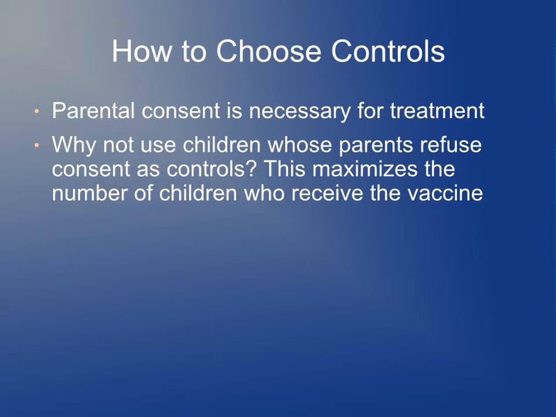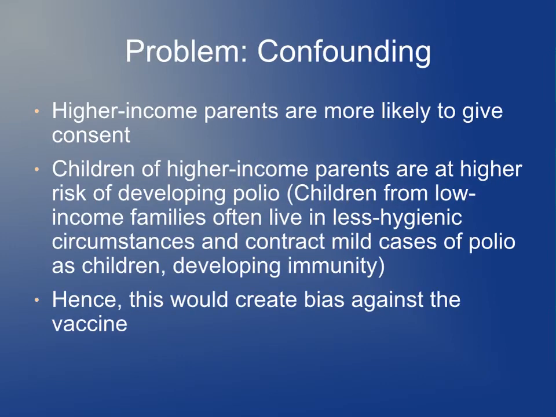You might think, well, in order to get treatment, you have to get parental consent to make sure that as many kids get the treatment as possible. Let's just treat the kids whose parents give consent and then use the kids whose parents don't give consent as controls. And that will maximize the number of children who receive the vaccine. The problem with that is that will potentially confound the results.